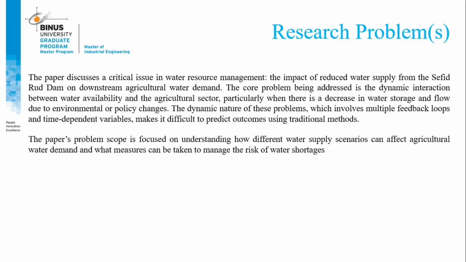The dynamic nature of this problem, which involves multiple feedback loops and time-dependent variables, makes it difficult to predict outcomes using traditional methods. The paper's scope is focused on understanding how different water supply scenarios can affect agricultural water demand and what measures can be taken to manage the risk of water shortage.